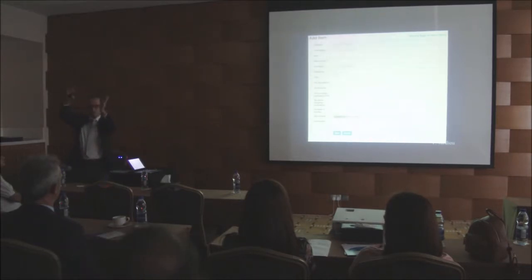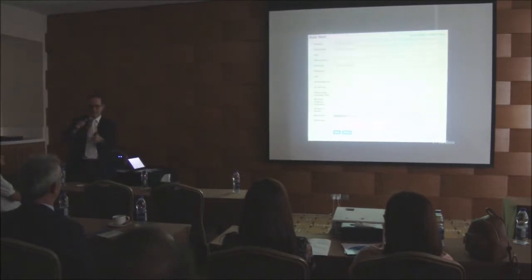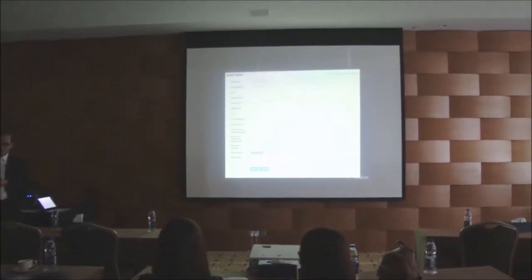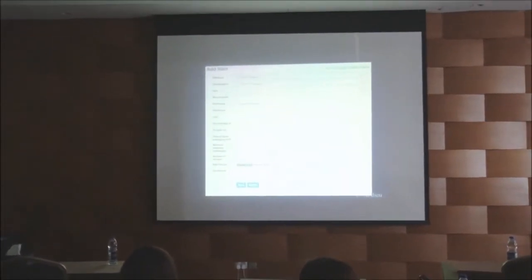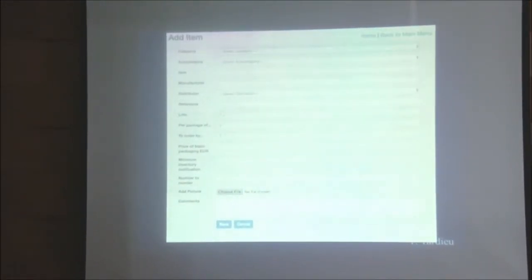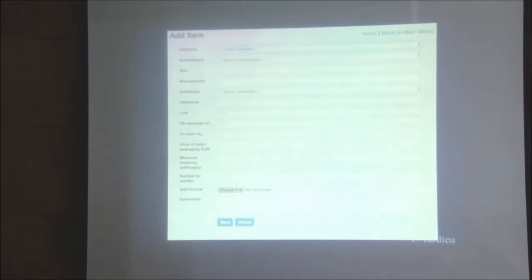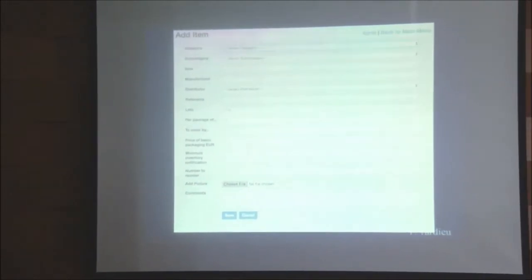I use easy implants, and in easy implant, I have implants, I have cemented prosthesis, I have screw-retained prosthesis, so I don't look around 100 different items. I have a short list of items, and I can very fast select them. I never spend time for that, okay?